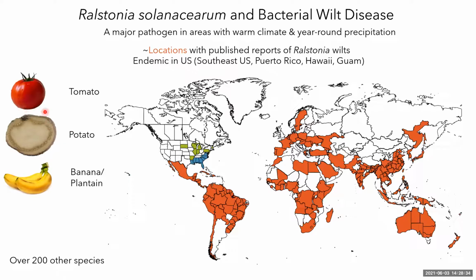But potato is probably one of the biggest impacts that Ralstonia has in terms of global health. Potato itself is a very important crop around the world, one of the few nutritionally complete plant products, so it has the complete essential vitamins and amino acids.